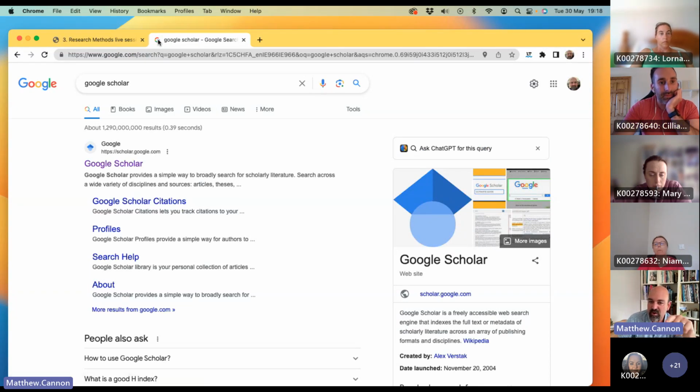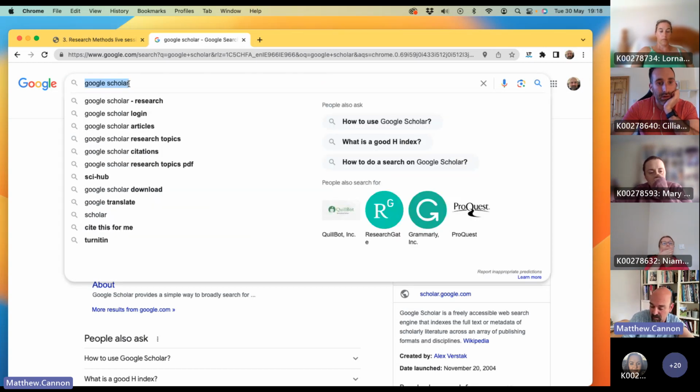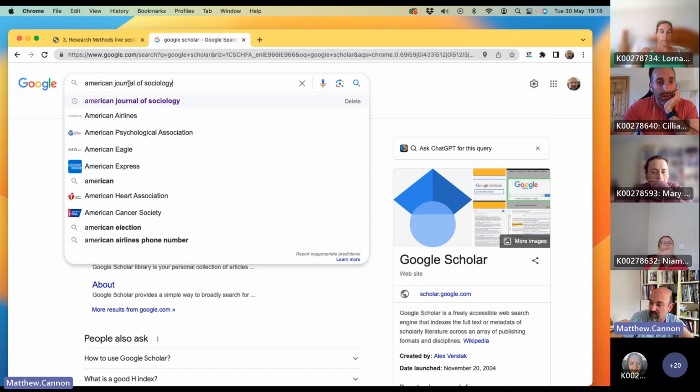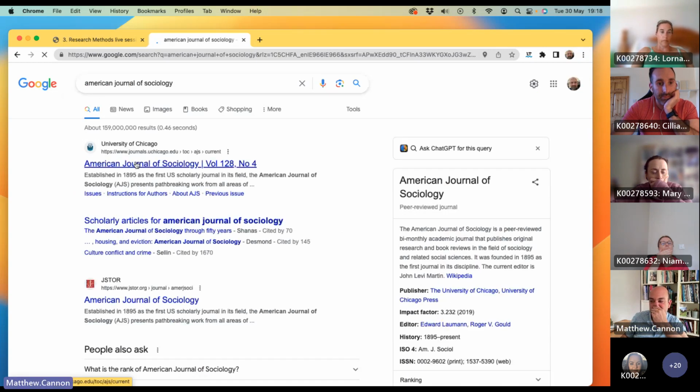So, are you talking about whether papers are part of a journal? Yeah. So the way I would suggest you do that is go to the journal itself, the American Journal of Sociology, for instance, and go to the webpage for the journal.